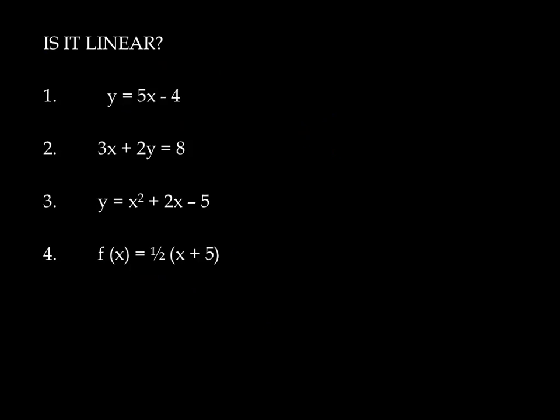Next, we're asking the same question. Is it linear? This time we're looking at equations. I'll look at the first one. It is linear, and the reason why this equation is linear is because there's just a plain Jane x and a plain Jane y. Each of the y and the x is multiplied by a constant number.